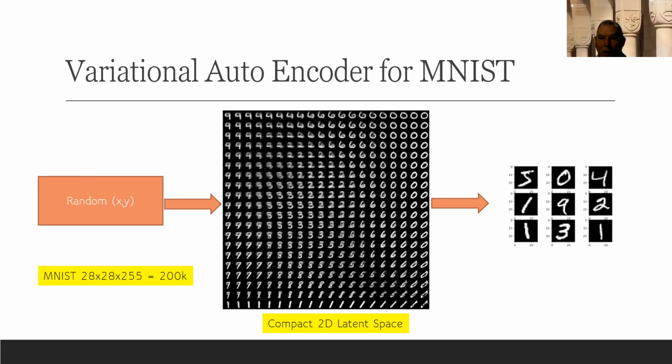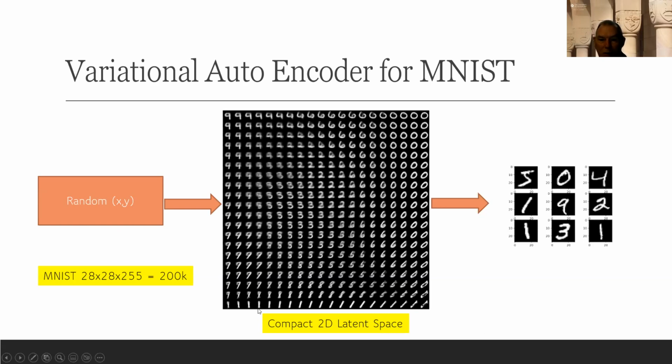Basically the whole image is reduced to two values, X and Y, which is a two-dimensional subspace, whereas the original was 28 by 28 by 255. So you can see the dimensionality is about 200K, something like that. So we've made a very big space into a very small space. And this is a compact space.